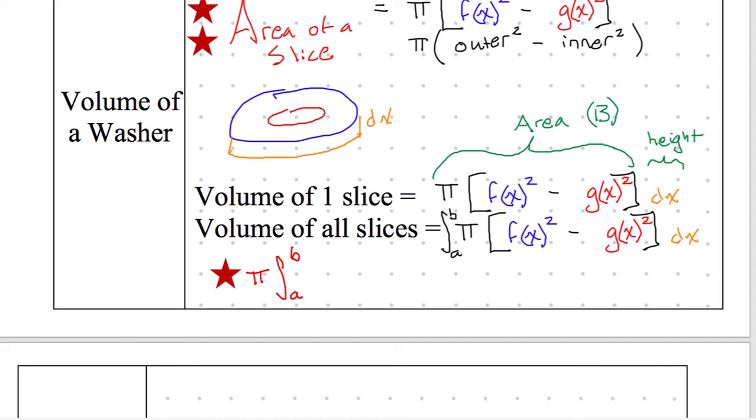You can leave it on the inside if you want, but I like it on the outside because it looks cooler. It's going to be outer squared minus inner squared, all of that, dx. And again, as a note, we'll put a little asterisk here: that dx depends on if you're rotating around the x-axis or y-axis.